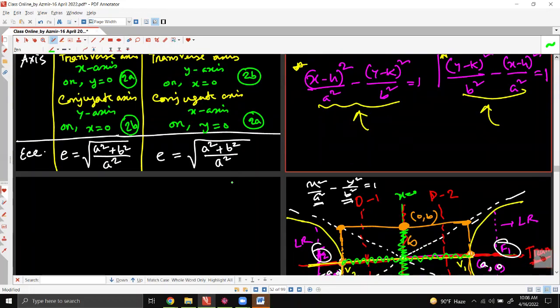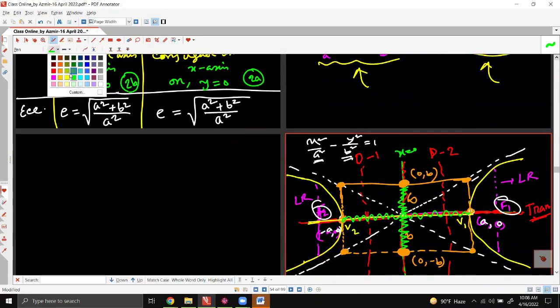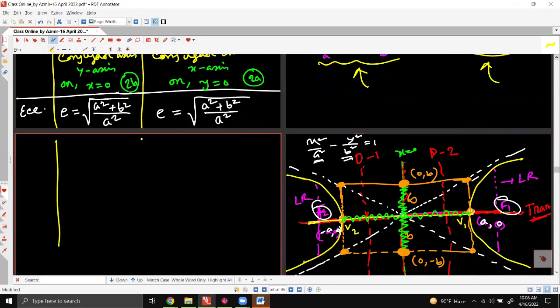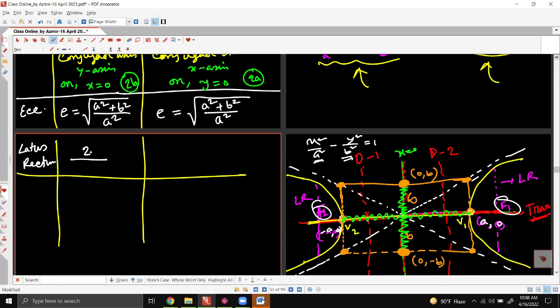Now, the formula for the length of latus rectum. So length of latus rectum, it will be 2b squared over a for the first case, and for the second case it will be 2a squared over b.